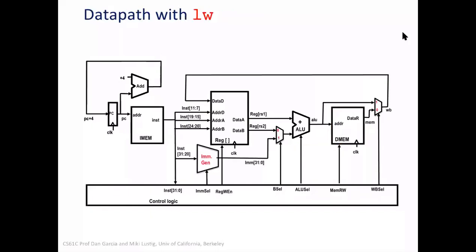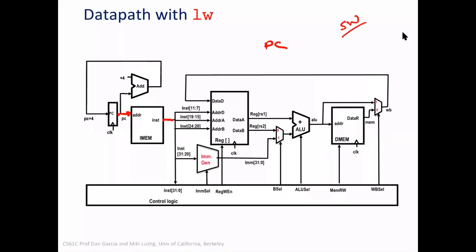Okay, let's see. So what are we doing now here? First, we will see what extra we need. We have the PC value available, the current value of PC. From this we read the instruction. Now we are doing store.